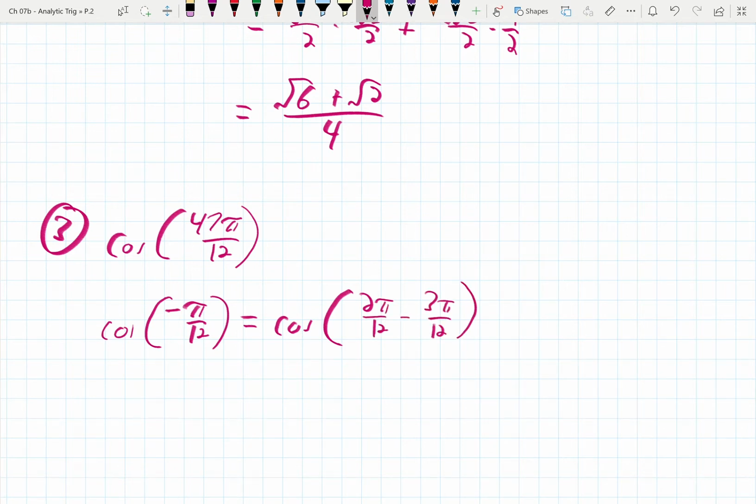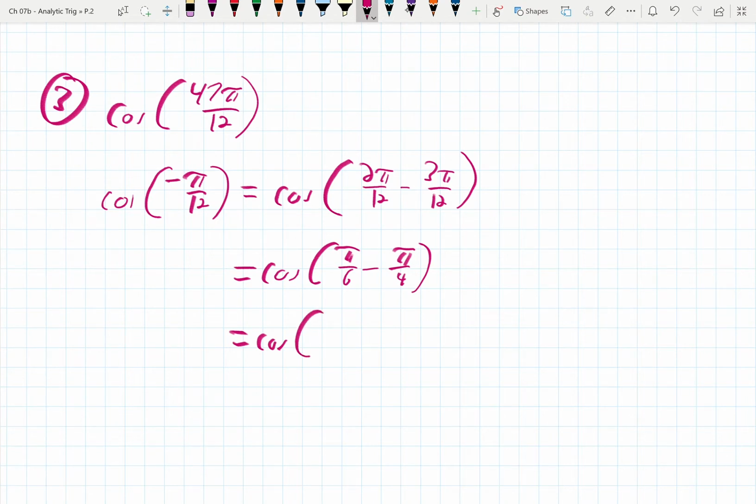You could have also done 3 minus 4, and it would have been fine as well. But am I keeping equivalents in every single line here? This becomes the cosine of pi over 6 minus pi over 4.